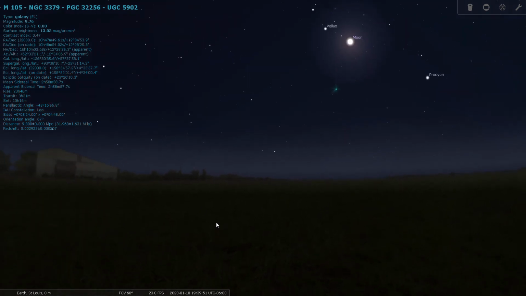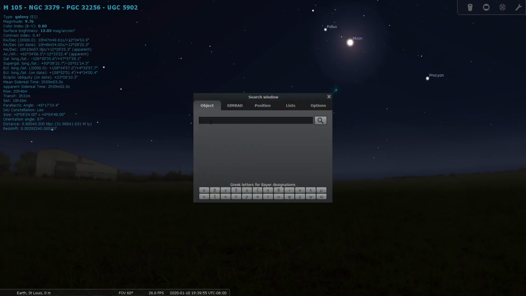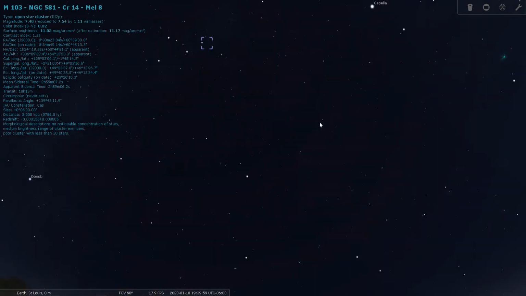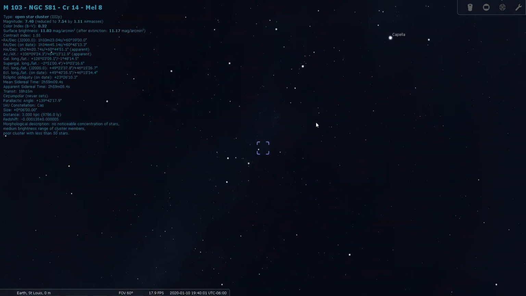Well, that isn't what we're looking for. I think maybe it's M103, if I remember correctly. Maybe I just can't read my own writing. There we go. It's M103. I can't read my own writing here. So M103 is the open cluster we're looking for in Cassiopeia.